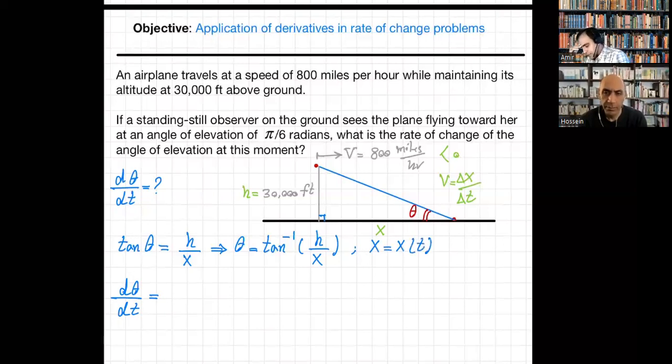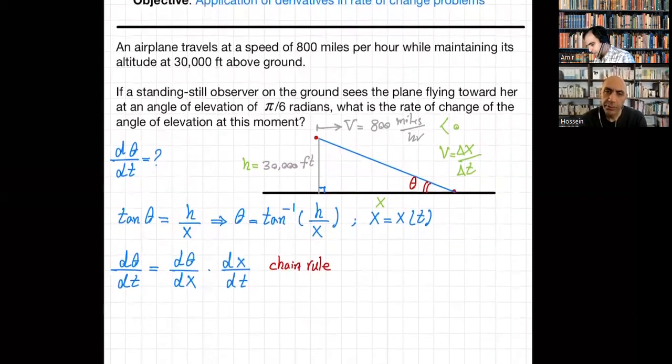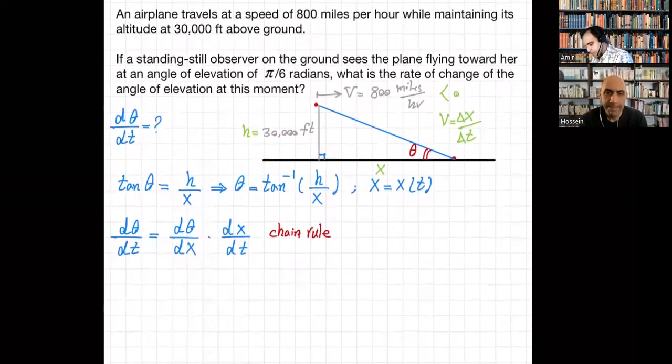So I'm going to use the chain rule here. So it's d theta over dx, which we have in this equation, and again, since x is a function of time, it's dx over dt. In other words, I'm using a chain rule here. That's correct.